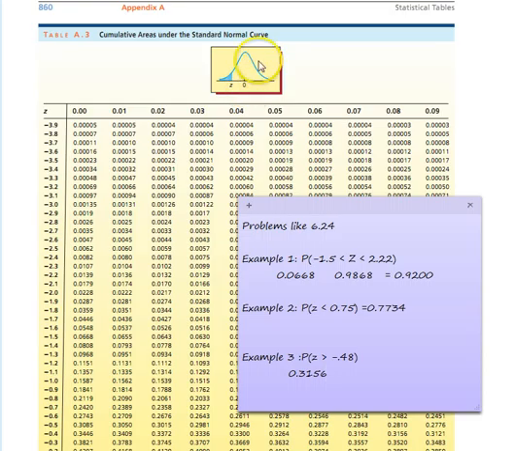What's the area of this white region? Well, that's just 1 minus that value. And we're going to figure that out. Won't take us too long. And when we do, that's the area under here, or the probability that z is greater than that value.